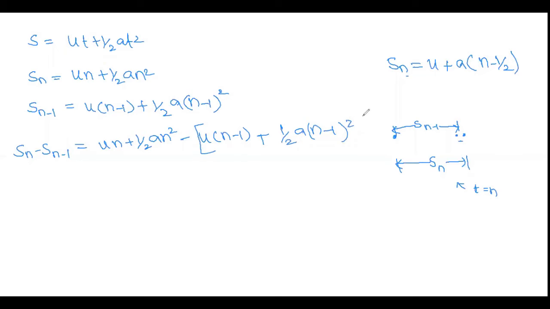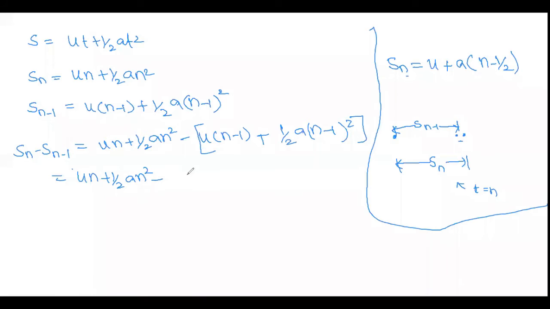Now if I simplify, un plus half a n square minus u into n, and this minus will be multiplied, so it becomes plus u. Next, minus half a into n square minus 2n plus 1, expanding.